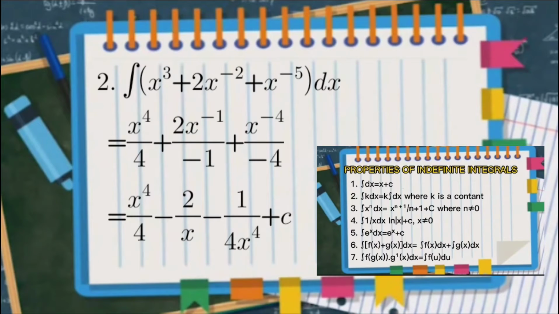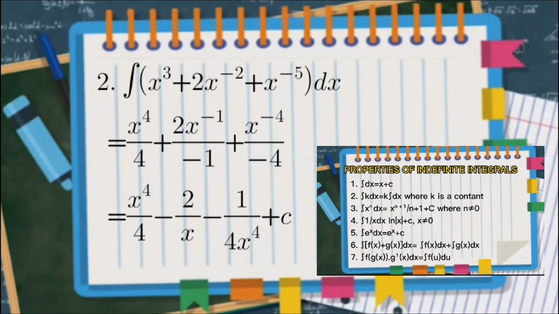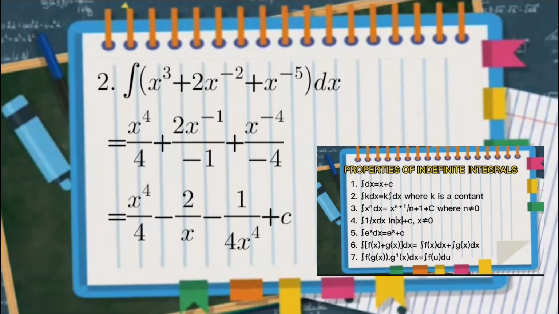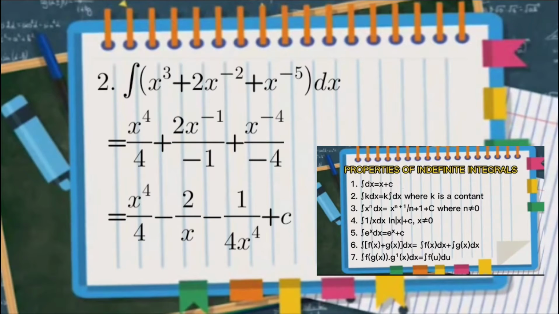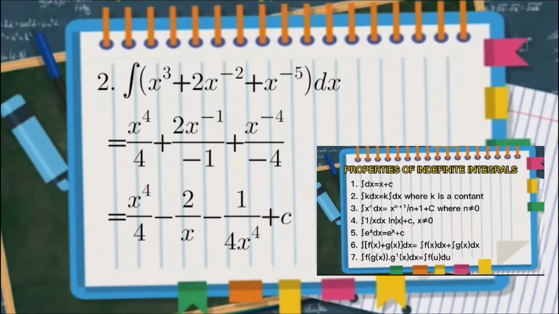So in our example number 2, we choose property number 3, as it is in the same form as the given. So in the first term, we have x cubed. Property number 3 tells us that we add 1 to its exponent or power.